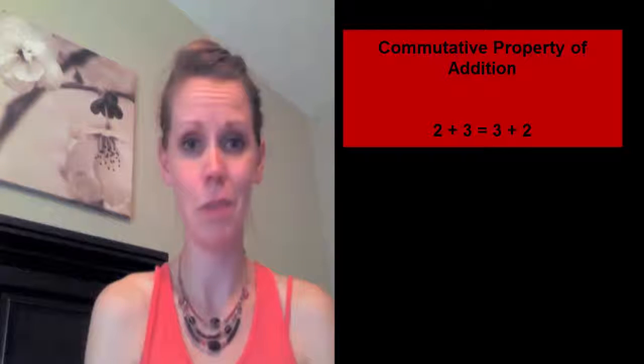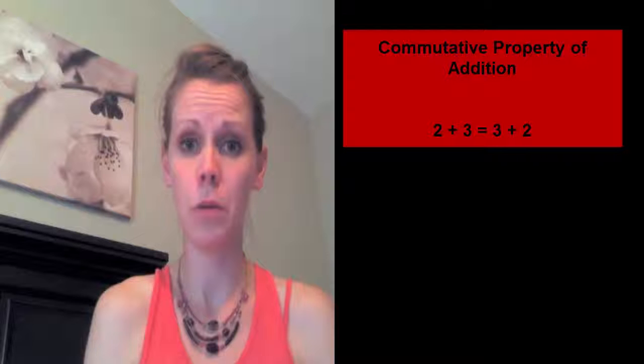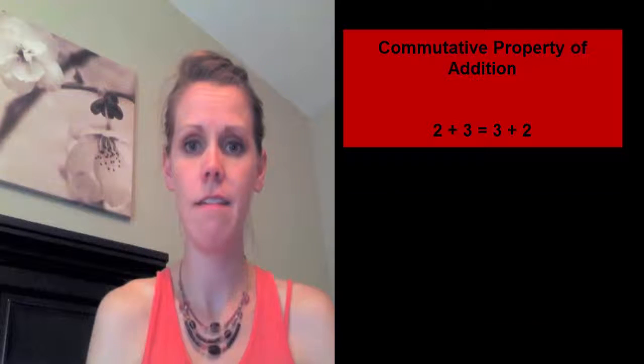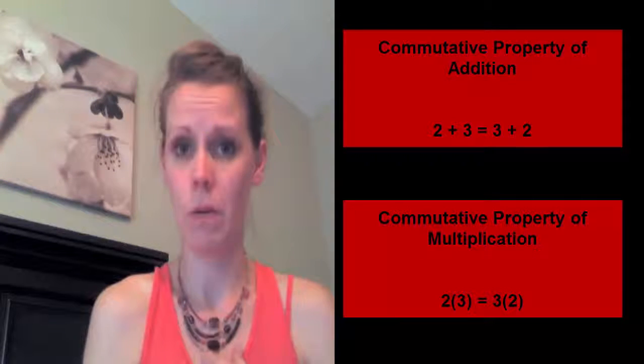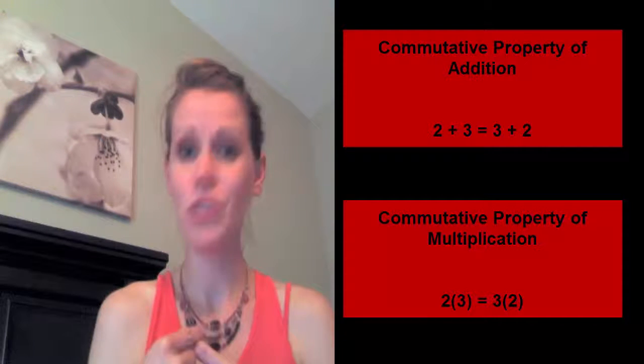And that's the commutative property, okay? Also, for multiplication, to prove the commutative property works, I could say 2 times 3 is the same thing as 3 times 2. Okay, so that's all the commutative property is. Changing the order does not change the answer to the problem.